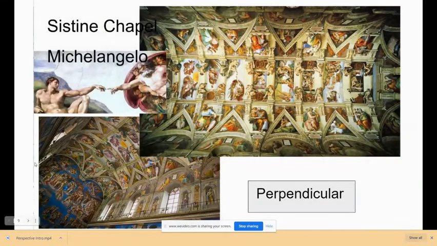Okay, the next one is perpendicular. What do you think two things on these images are perpendicular? Okay, so hopefully you got that right. Perpendicular is where two lines cross at a right angle. So this one, you can see the angle that the photograph was taken at gives us right angles.